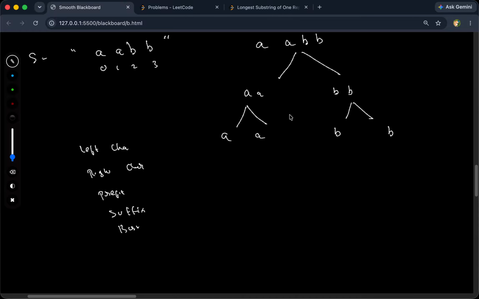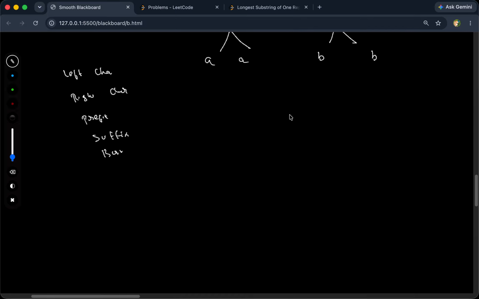First is the left character. For A, the left character is A, so the first character is A. For B B, the left character is B. Easy, right? Now the right character.